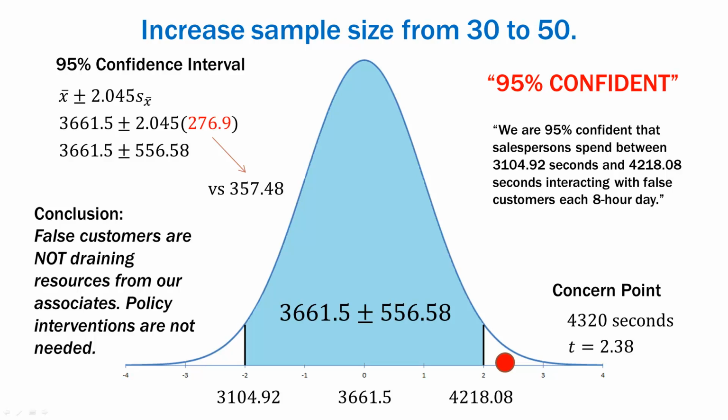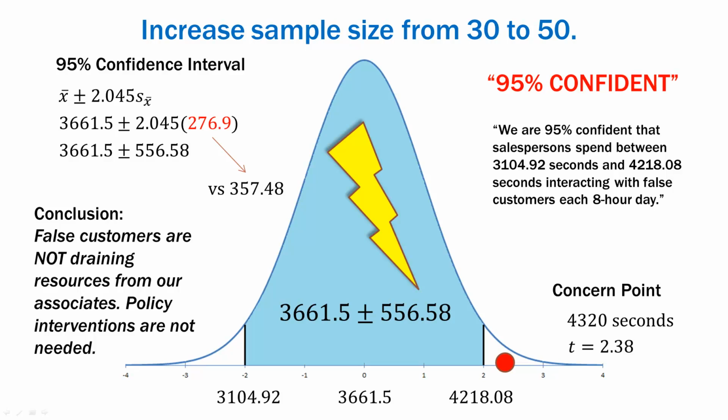Whoa. What did we do? All we did was change the sample size, and we came up with a completely different conclusion. All we did was increase the sample size from 30 to 50, and therefore our concern point went outside of our area of concern.